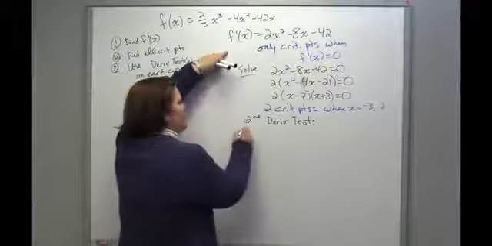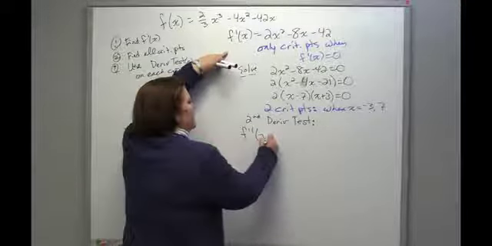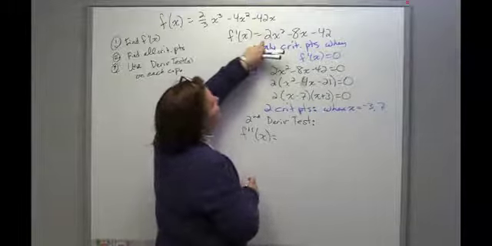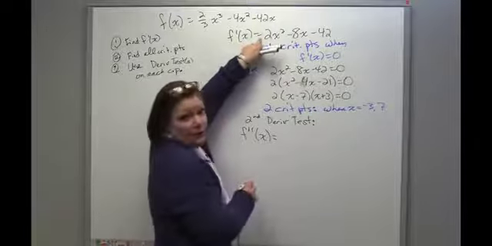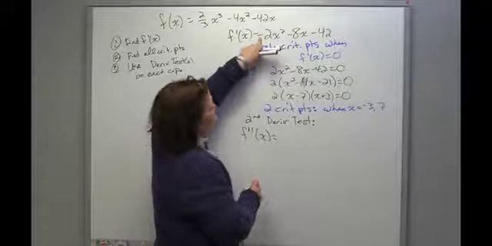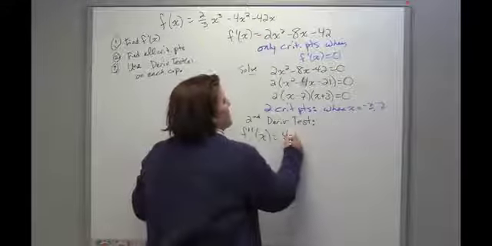And so we need to find the second derivative. Being very careful, making sure we're looking at the right one, we are taking the derivative of this, so we get 4x minus 8.